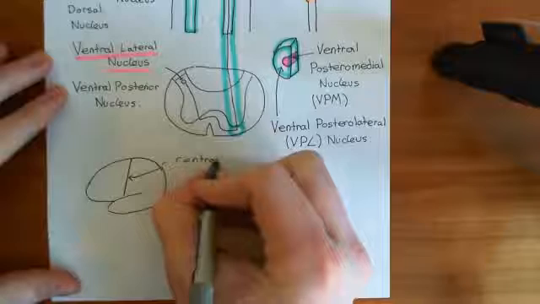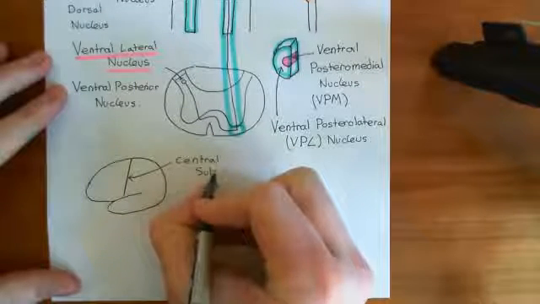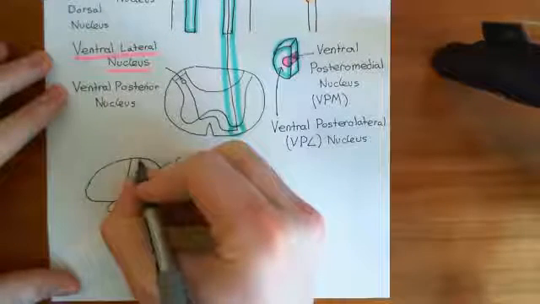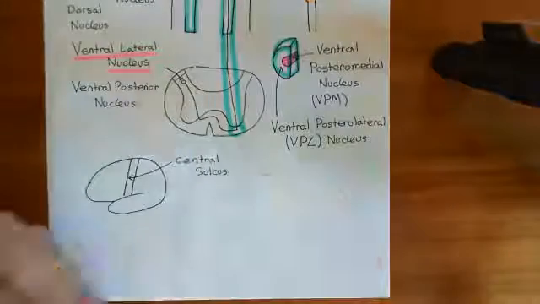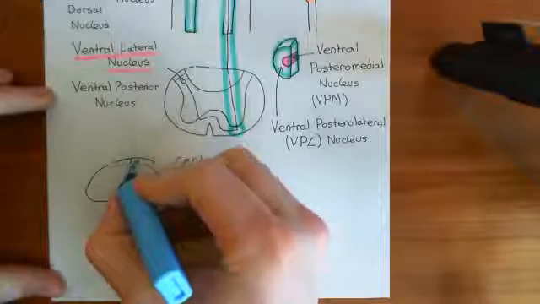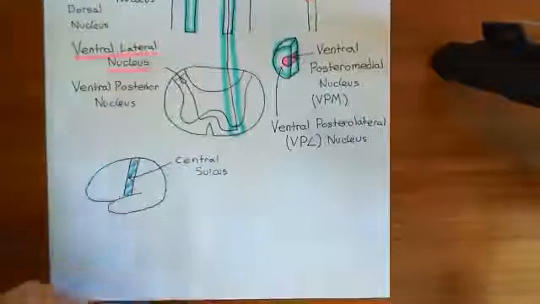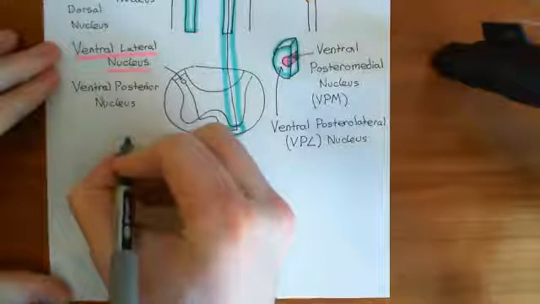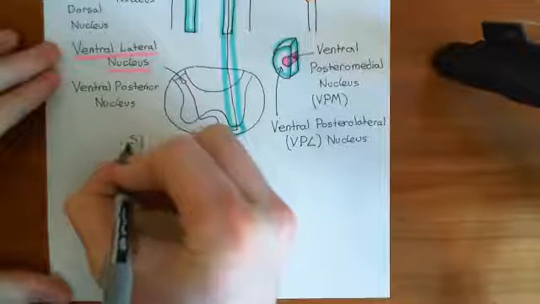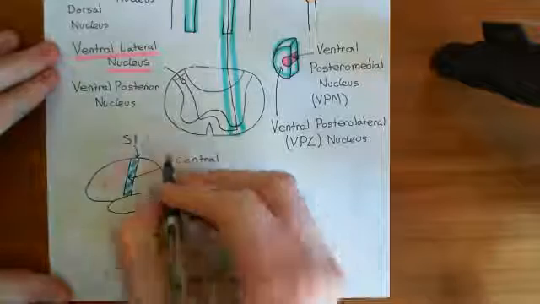This is the central sulcus. Now, the strip of cortex that is immediately behind the central sulcus, this portion here, is the primary somatosensory area, or the primary somatosensory cortex, usually abbreviated to S1 for somatosensory area 1.